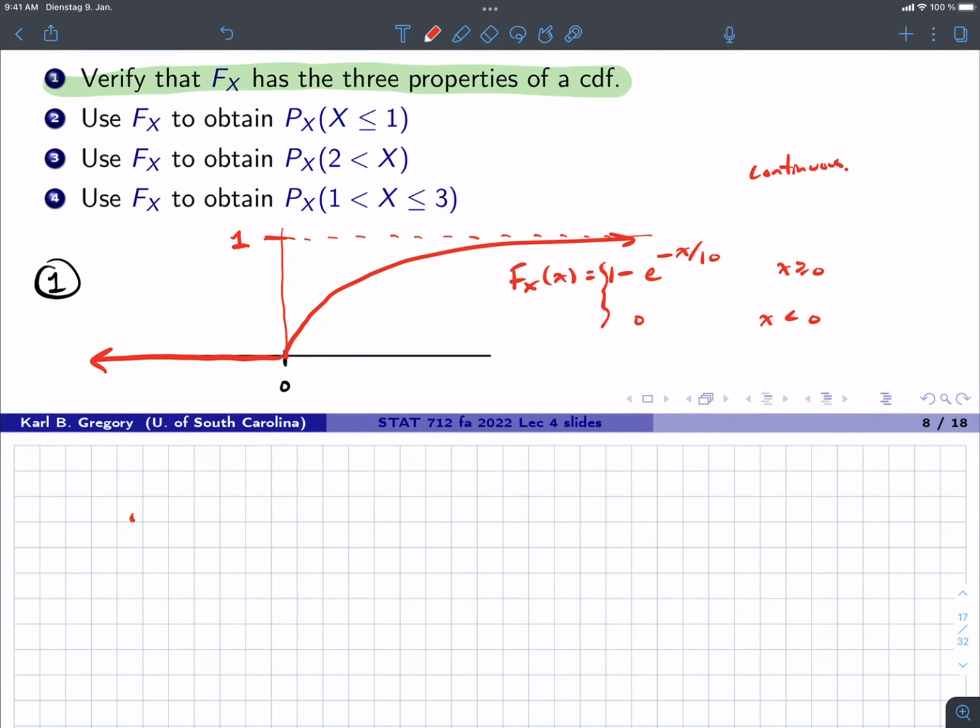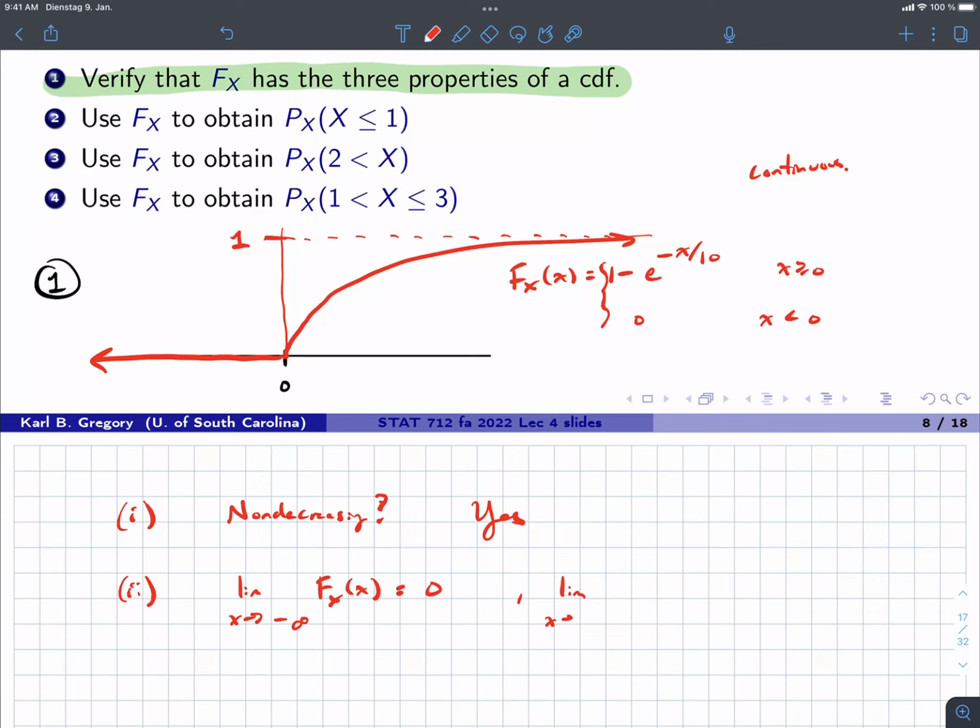But let's look at these three properties. Is it non-decreasing? That was the first one. Yes, it's non-decreasing, so it never goes down as we move from left to right. If I send x down to negative infinity, I'm supposed to get 0. Yeah, that checks out.